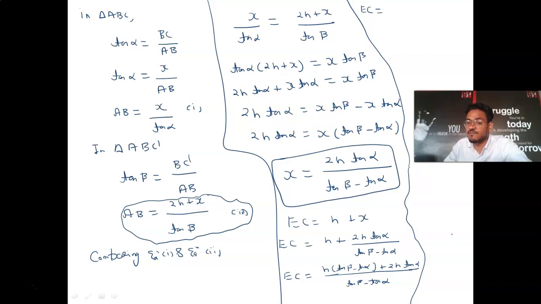So 2h tan alpha minus h tan alpha is going to be plus h tan alpha, and plus h tan beta is also there, and in the denominator we have tan beta minus tan alpha. Now students, you just need to take h common from the numerator, and you will have the same result you wanted to prove.